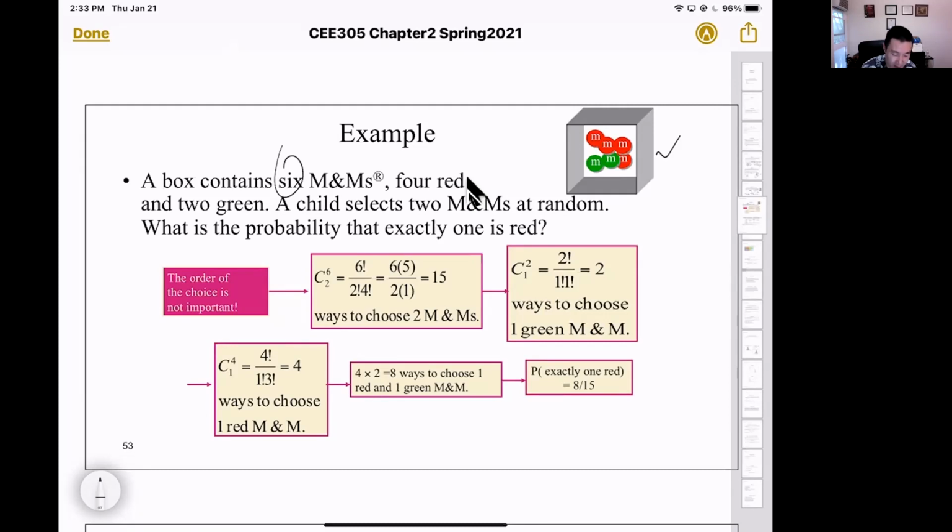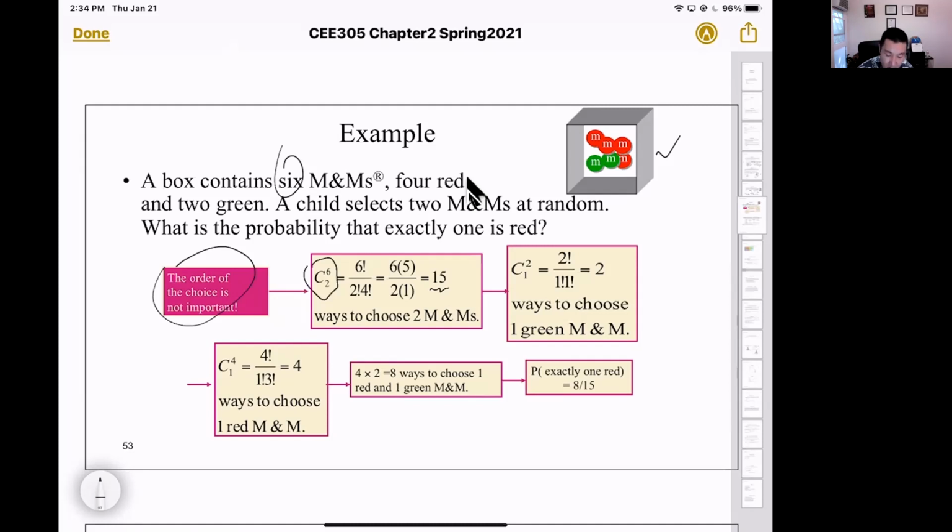We pick 2 candies, and the first pick and second pick don't really matter, so the order in this choice is not important. So we use combination. We pick 2 from the total 6, so C(6, 2), and we have 15 ways to choose 2 candies out of the 6.